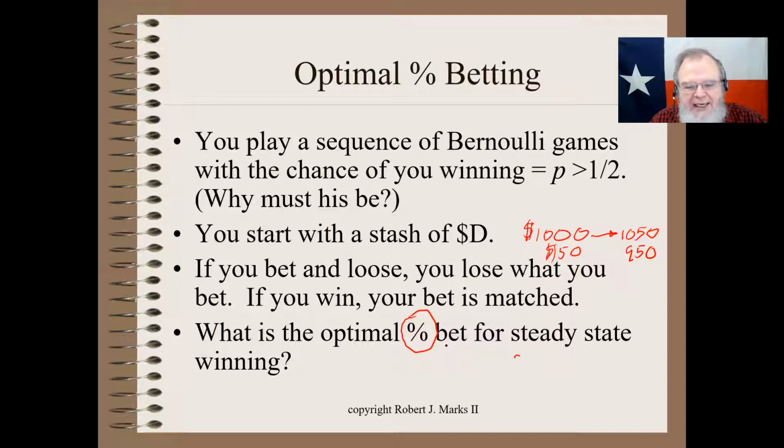And I think, as we said last time, you don't want to bet 0%, because if you bet 0%, you're never going to win anything. And if you bet 100%, you lose the first time, you're out of the game. So notice with this percent bet, you're always in the game. We're going to assume that everything is fractional, so we can go down to fractional pennies, if you will. So you'll never be out of money, because you're only going to bet a percent of what you have available.